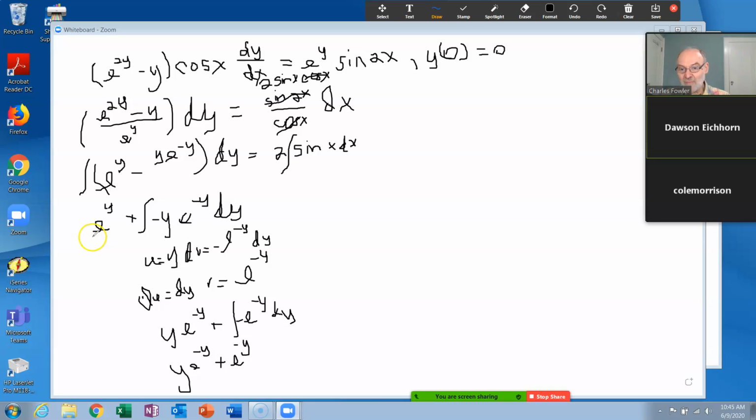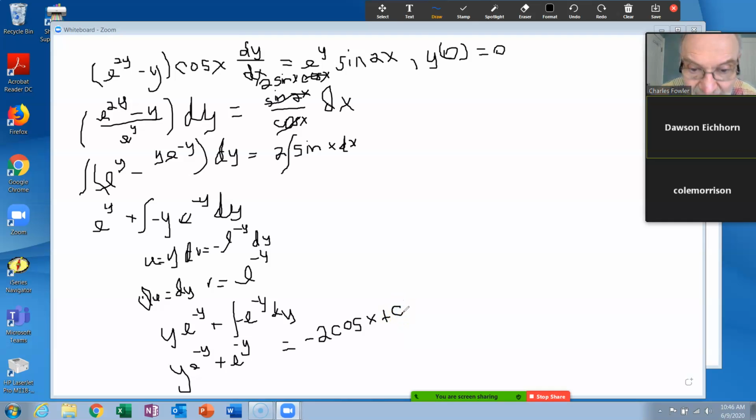It's e to the y plus y e to the minus y plus e to the minus y. And that's equal to, what's the antiderivative of sine? Somebody. Minus cosine. And then somewhere out here you have a plus c.